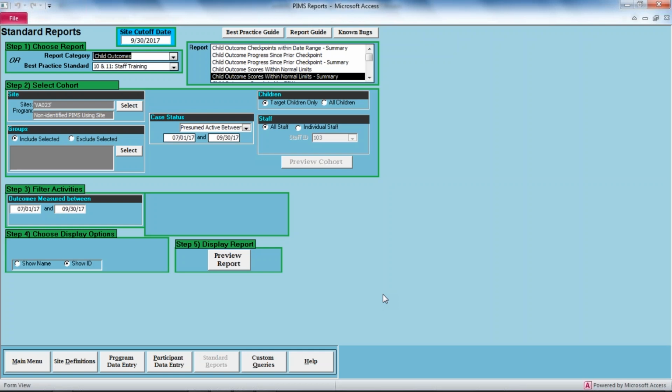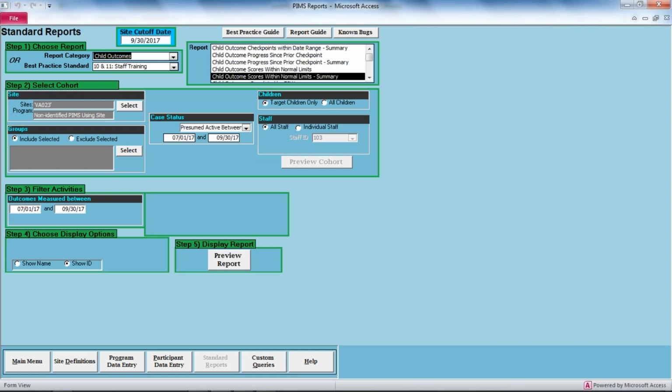Okay, so the first thing I want to point out is, if you're familiar with the PIMS 7 reports, you'll notice first thing that the site cutoff date has moved. It used to be down over here.